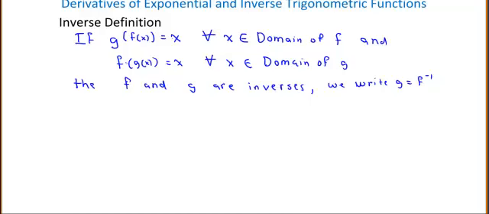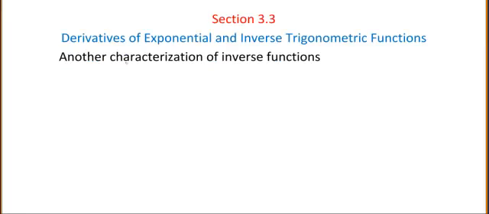That's how inverses work. But there's another characterization of inverses. Let's suppose that y is equal to f of x. Now think about any ordered pair (x, y) that satisfies this relation. It will also satisfy this one if I apply f inverse to each side.